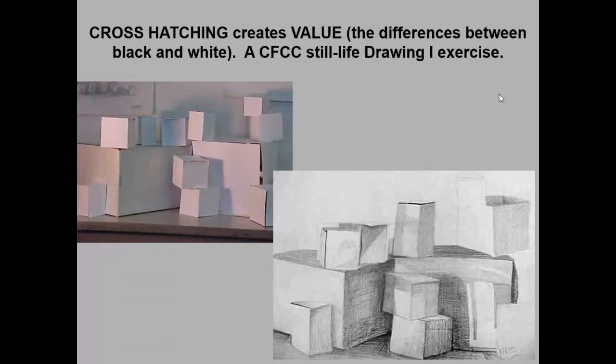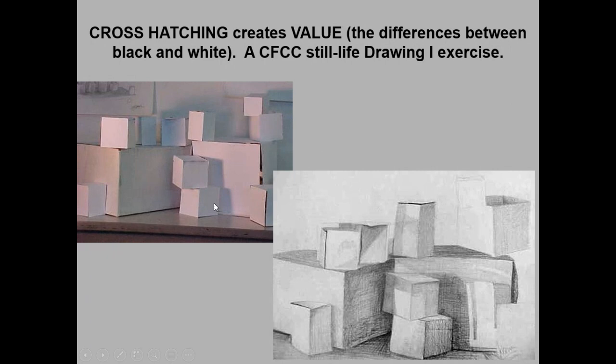For our purposes, value has nothing to do with monetary worth, what something would be sold for in a museum or gallery. In this case it is being used by a Cape Fear drawing student to show you the shadows and the changes in light on these symmetric shapes.